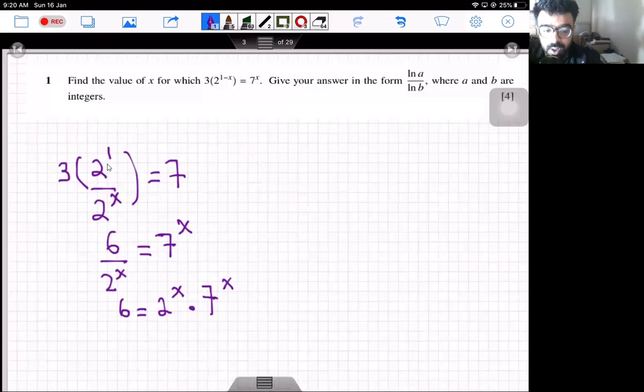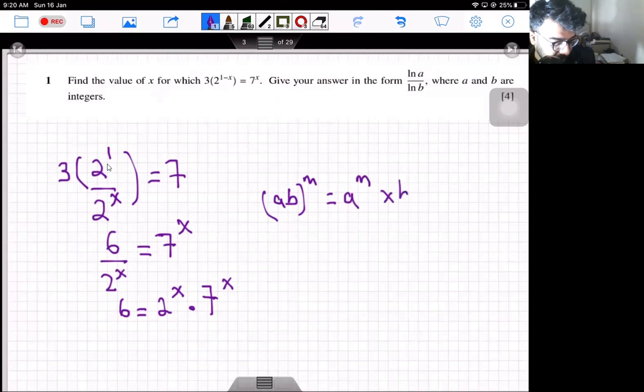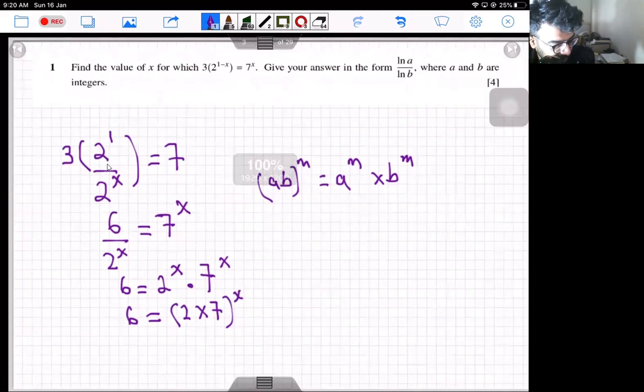Now, according to the laws of indices, a times b, the whole thing raised to the power m, can be rewritten as a raised to the power m multiplied by b raised to the power m. So in place of 2 raised to the power x multiplied by 7 raised to the power x, we can write 2 multiplied by 7, the whole thing raised to the power x, which means that 6 is equal to 14 raised to the power x.